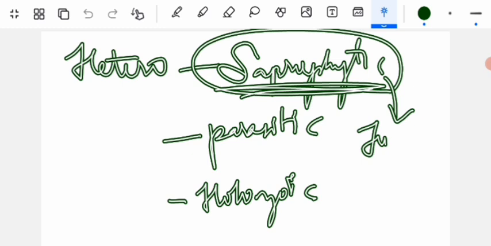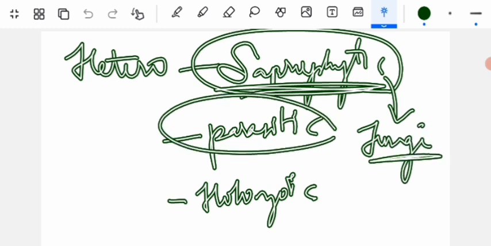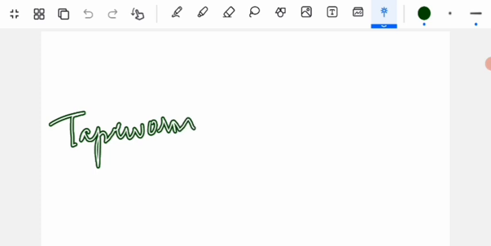The example for this will be fungi, mushroom, है ना, like that. Parasites depend on a host. If we compare for the human, an example we can give for a parasite is a tapeworm. Tapeworm will be a great example for the parasite.